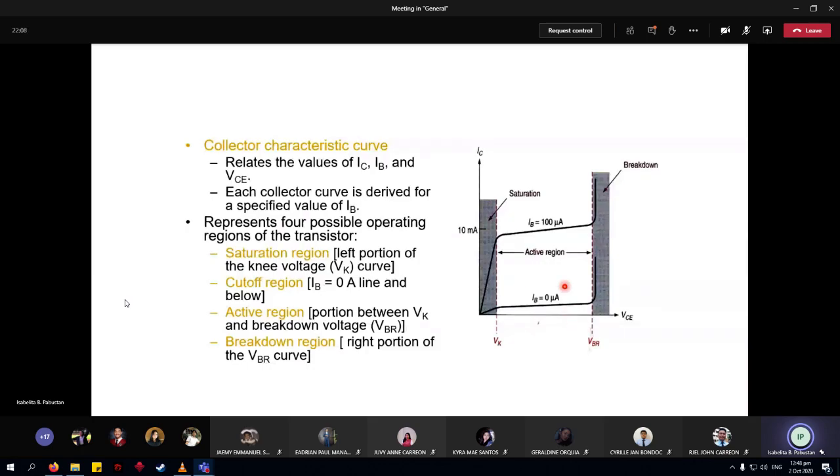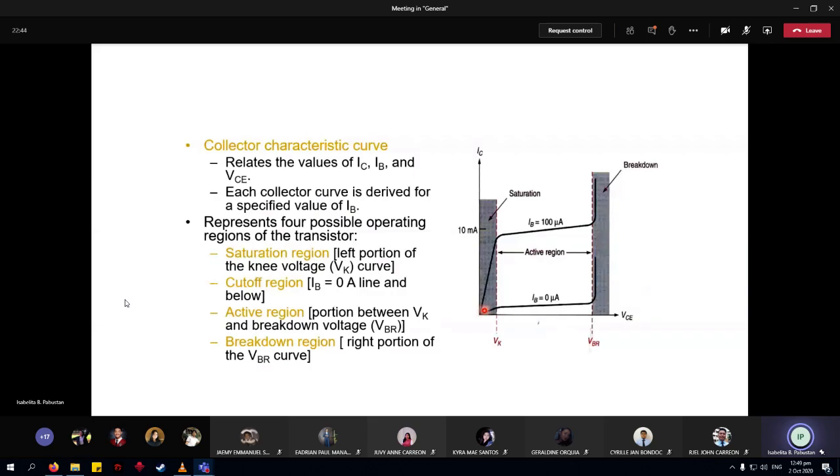Now, this one naman is the active region, that is in between the knee and the breakdown voltage. This is where you want your transistor to operate when you are going to use it as an amplifier. The saturation and cutoff are for switching transistors, for a transistor used as a switch.